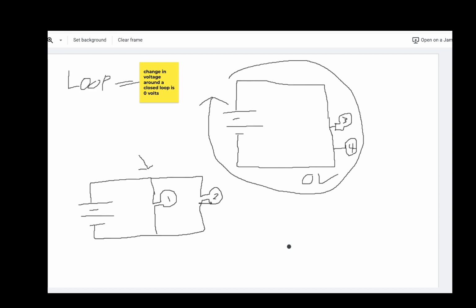No, and you actually managed to fit in the explanation for Kirchhoff's second law, which is called the junction rule, and it essentially says that the current into a junction has to equal the current out of a junction. Let's call this current I1, this current I2, this current I3, and we'll call this I4.